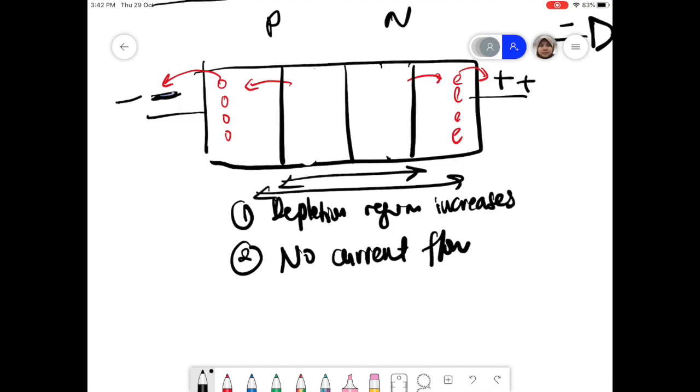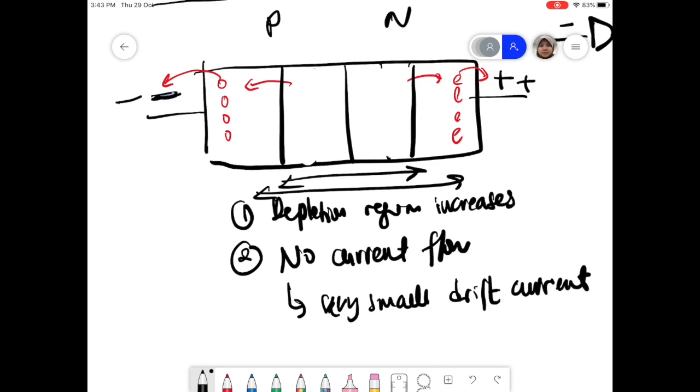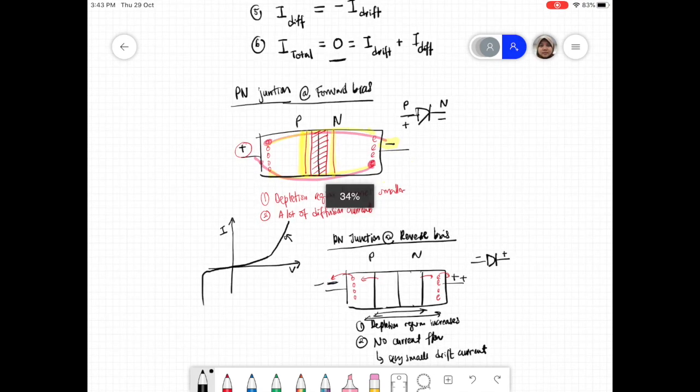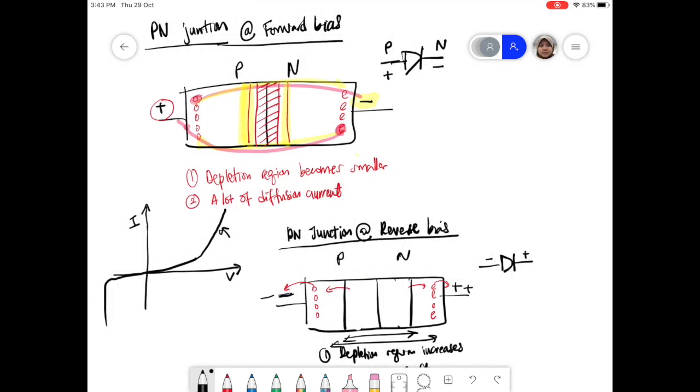Okay, and normally you say no current flows, but actually there is very small drift current. How? I will explain this using energy band diagram explanation. Okay, basically, that's what happens when you forward and reverse bias a PN junction.